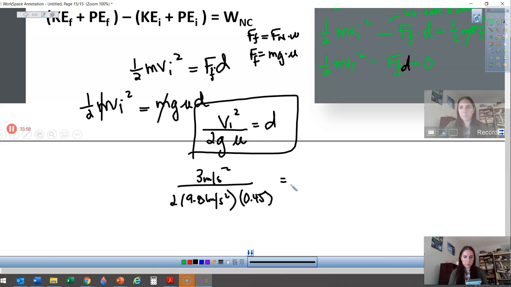So yes, you could do it multiple ways. Doesn't matter which way you choose. I just like to give you options of your choosing. This goes 1.02 meters. Let me double check that. I think that's right. 3 squared is 9 divided by 2 times 9.81 times 0.45.